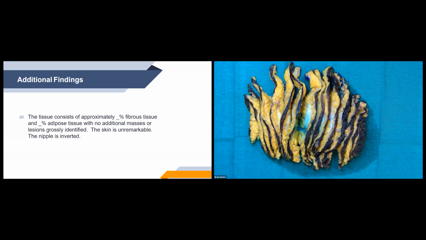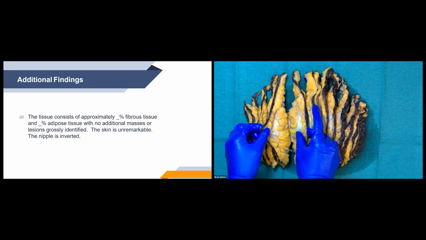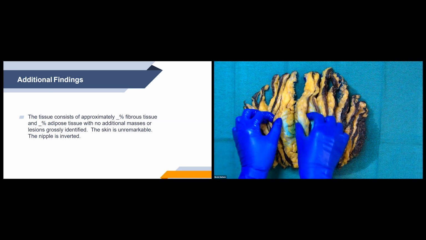So here's a sample gross description of the additional findings paragraph. So I would say that the tissue consists of approximate percent of fibrous tissue to approximate amount of adipose tissue with no other masses or lesions identified. I'd say that the skin is unremarkable and the nipple is inverted. So for this one, we'd want to be looking at how much fibrous tissue we have.